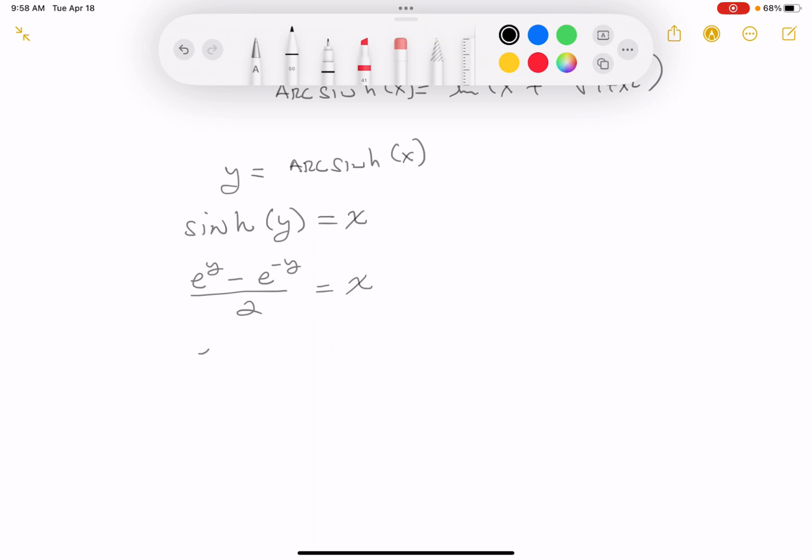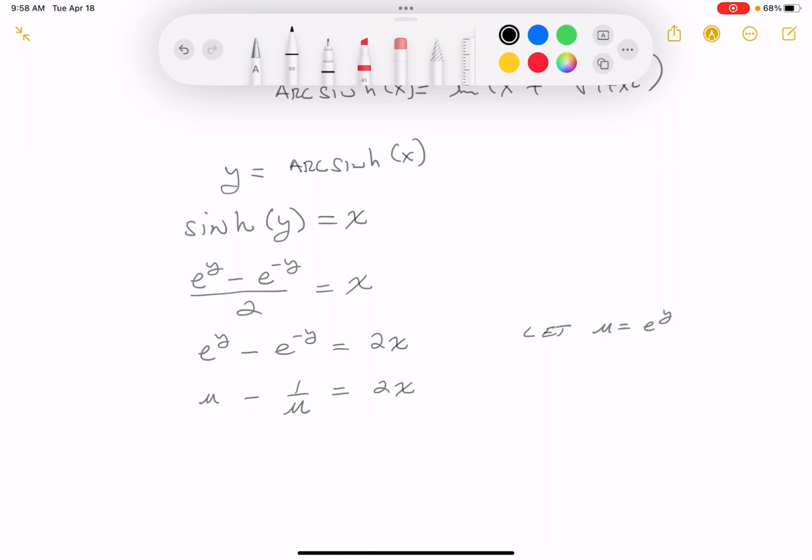So e to the y minus e to the minus y equals 2x. I'll let u equal e to the y, so this is u, this is 1 over u, and that would be 2x.